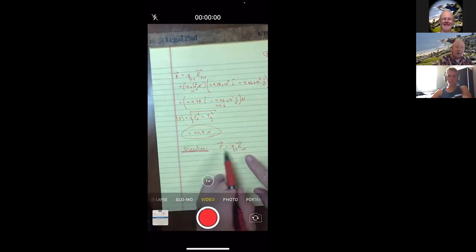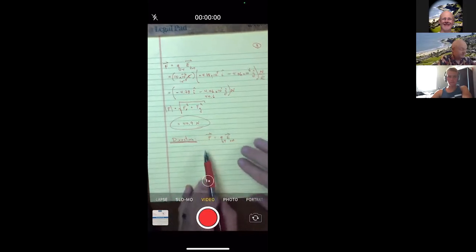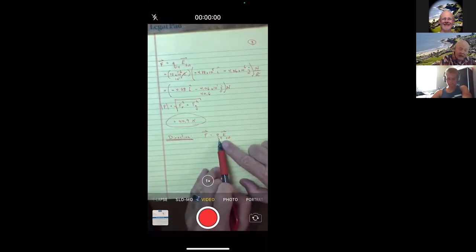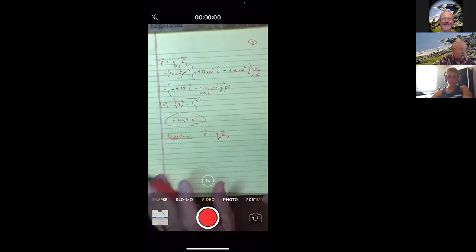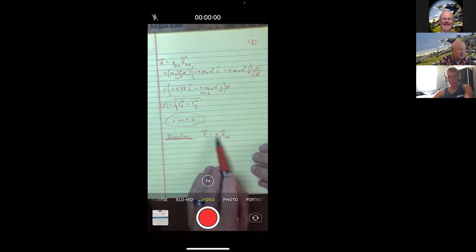And so this little equation is saying that if you have a positive number here for the charge, which we do for this problem, then all you're doing is changing the size, but not the direction of the electric field. So electric field, electric force are in the same direction. And if the charge is negative, as we had for the electron in the other problem, then you would be multiplying by a negative number.